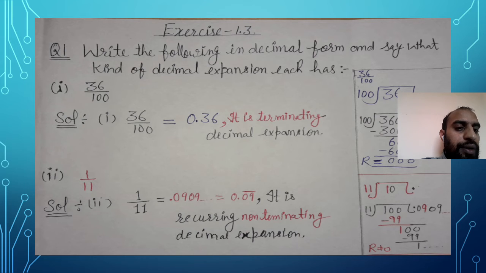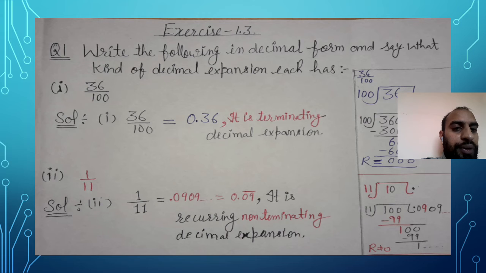So this 1 in the remainder is coming repeatedly after the second step. That means this is non-terminating, and second thing, the answer is repeated, so it is recurring. Overall we can write it is recurring non-terminating decimal expansion.